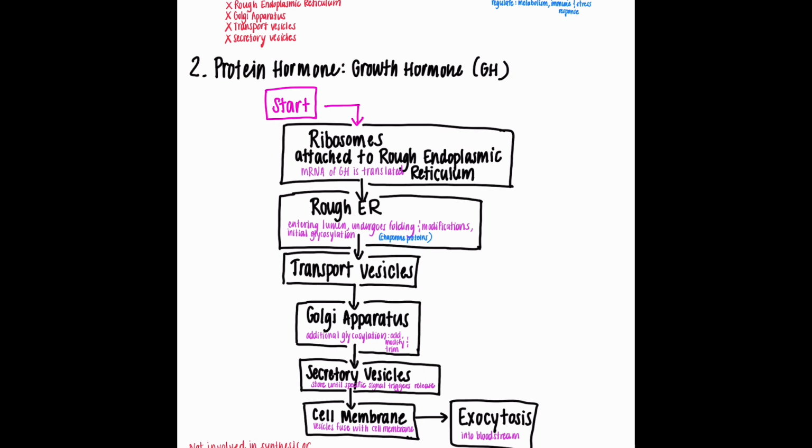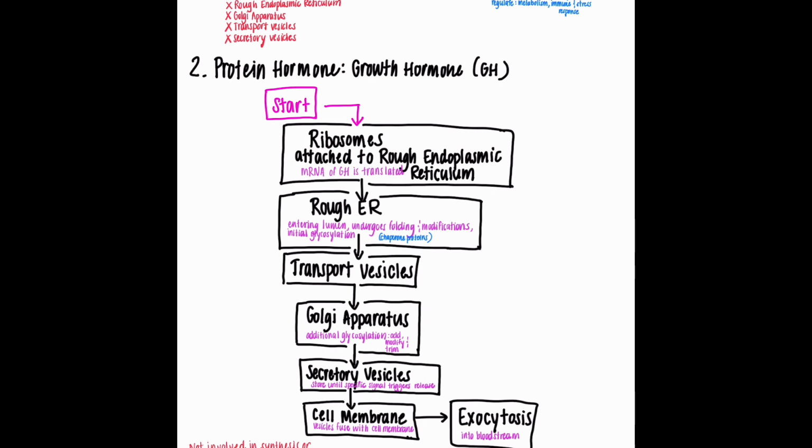Then the growth hormone is using transport vesicles to deliver to the Golgi apparatus where there's additional glycosylation and it adds, modifies, trims. And by the use of secretory vesicles, it remains in the cytoplasm until a specific trigger is released.